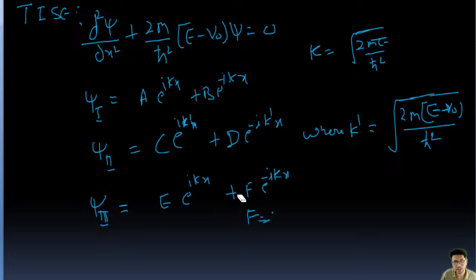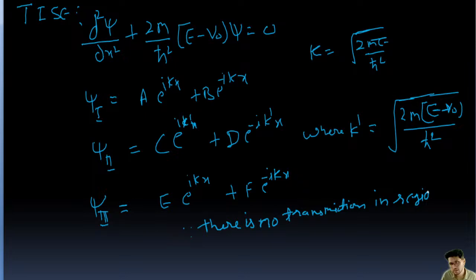Since there is no transmission in region third, this implies F equals 0.